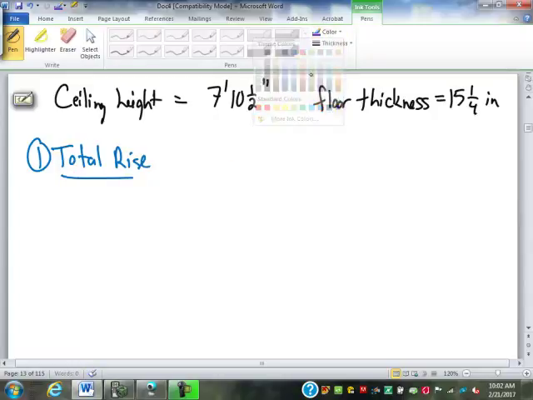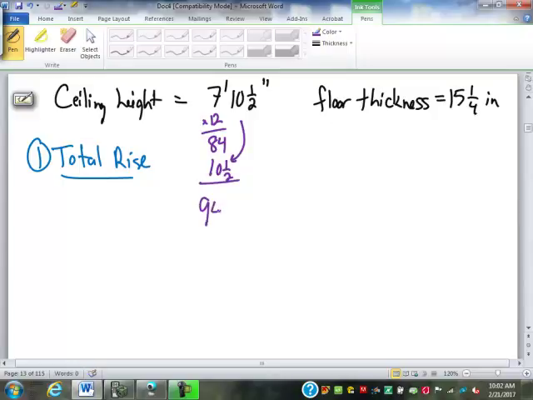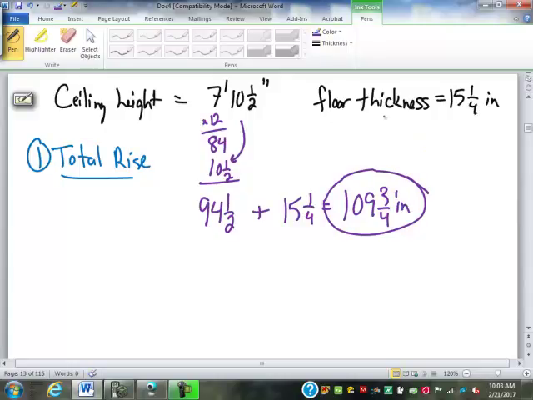And to do that, I have to convert my ceiling height into all inches. So 7 times 12 is 84. Plus my 10.5, that's 94.5 inches. Right? What am I going to do to that? Add my 15 1/4, which is going to give me 109 3/4. That's my total rise.